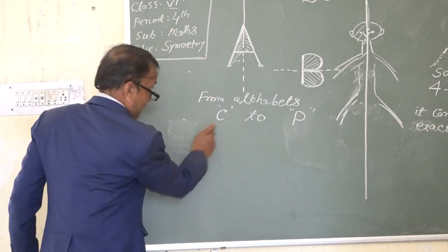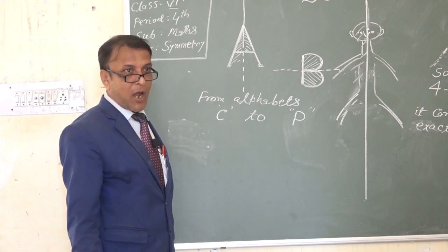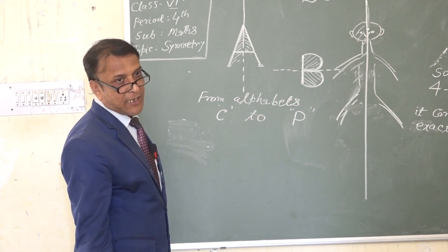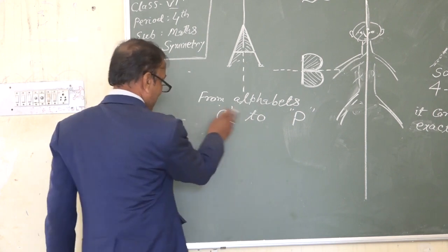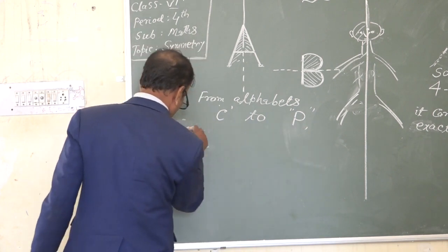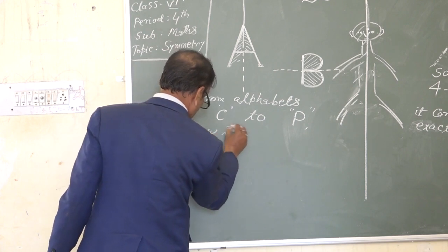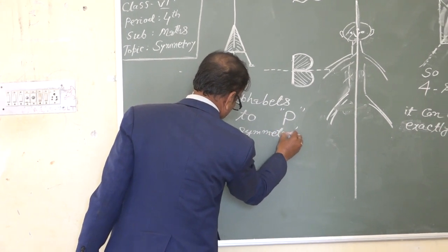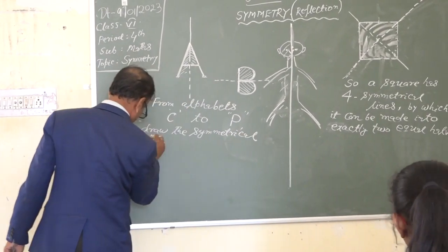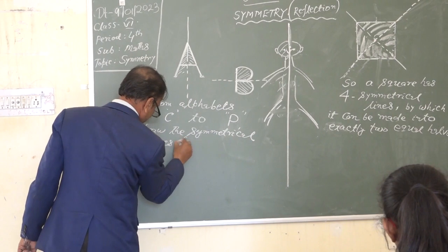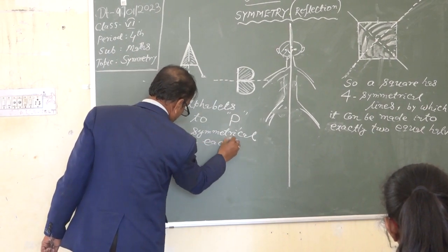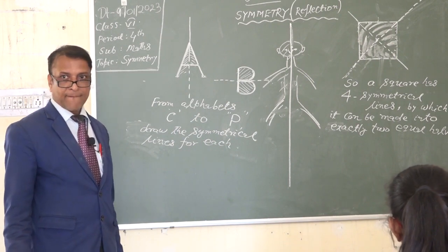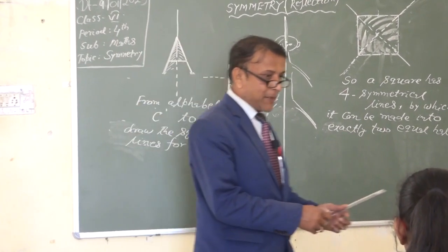So, from C to P, from alphabet C to P, draw the symmetrical lines for each. Okay? Yes, sir. So, this is about symmetry.